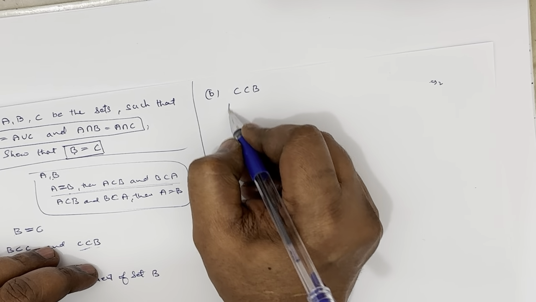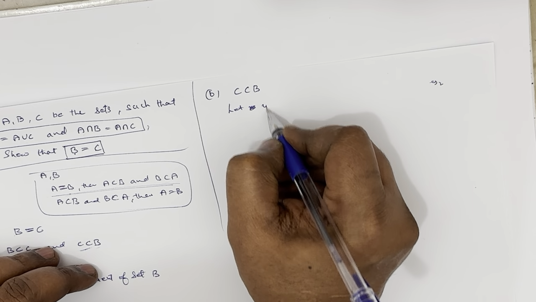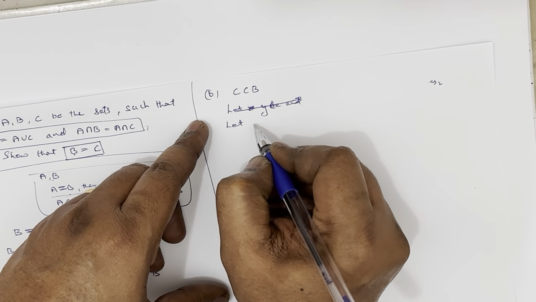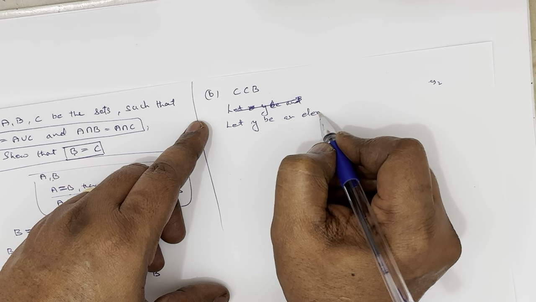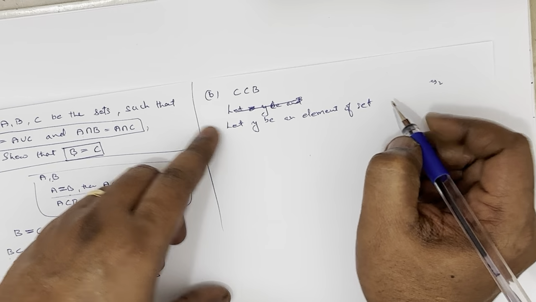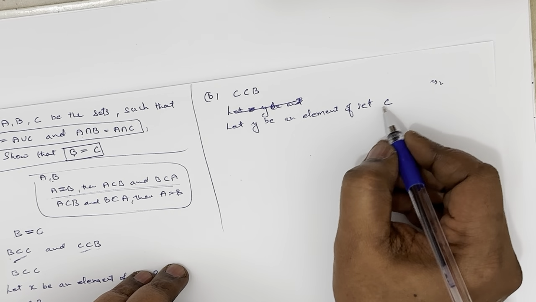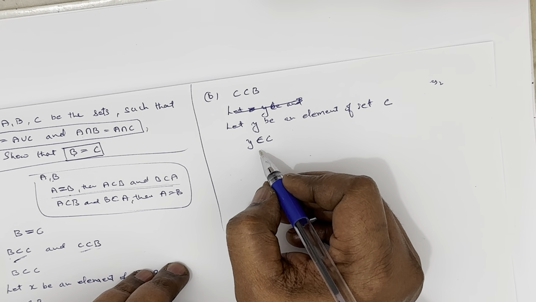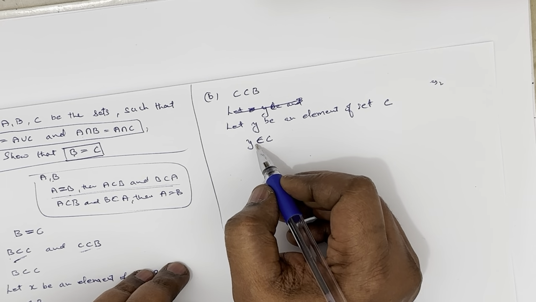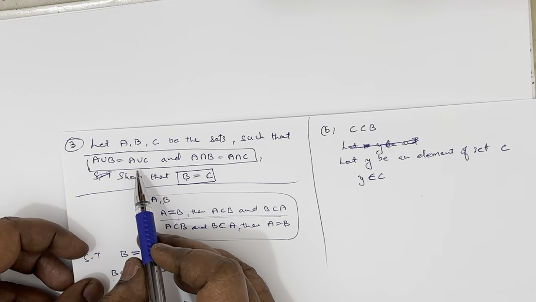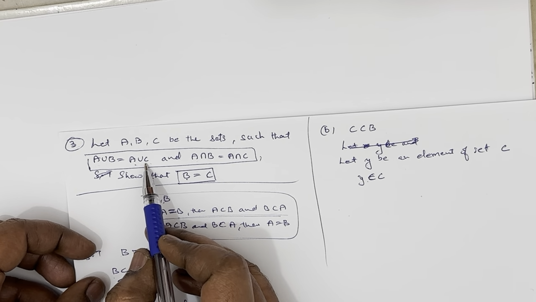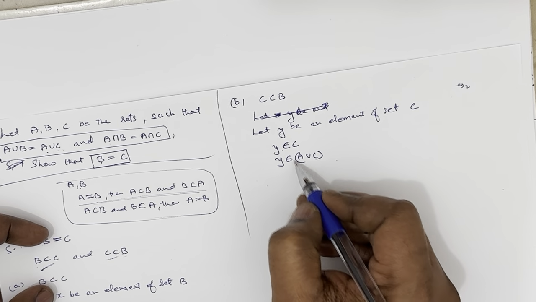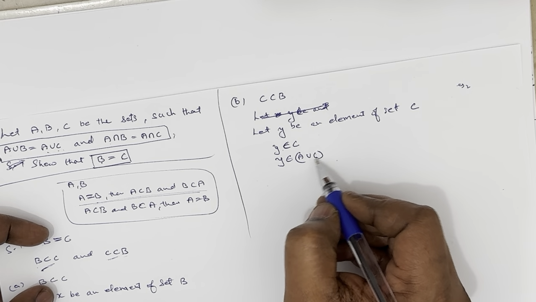Let y be an element of set C. Since it's an element of C, we can write y belongs to C. Now we can say that since y belongs to C, y belongs to A union C also, because in this union C is there, so that element will also be present in A union C.